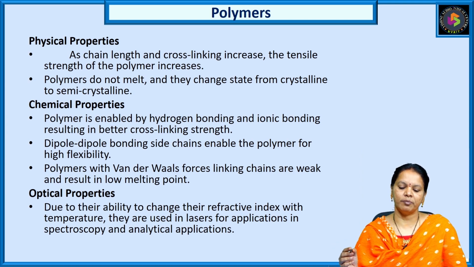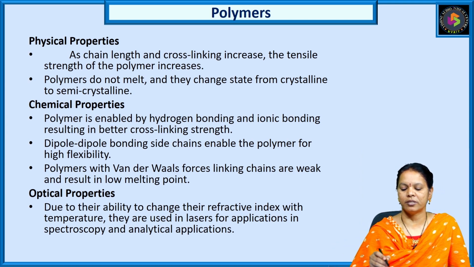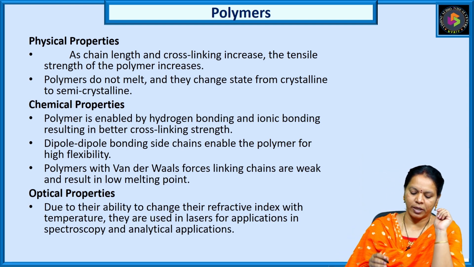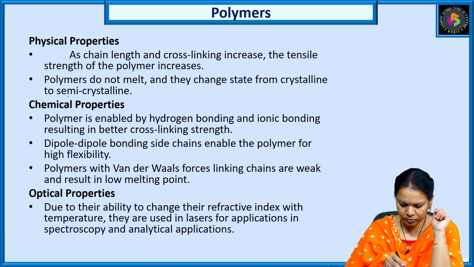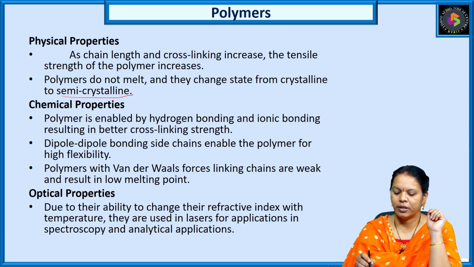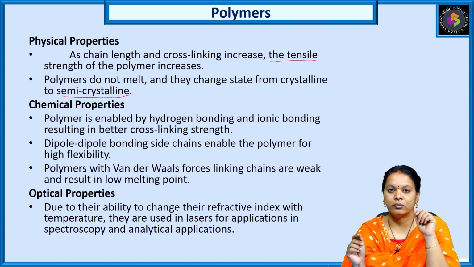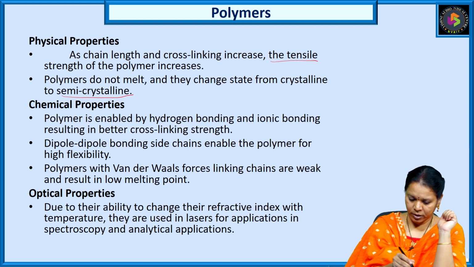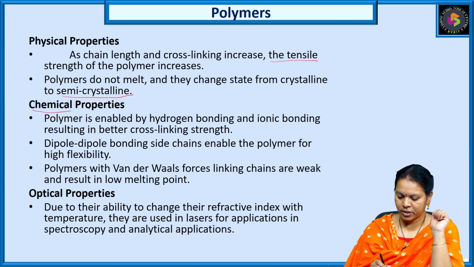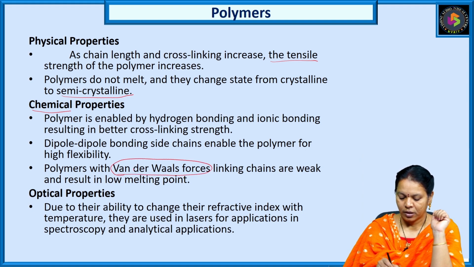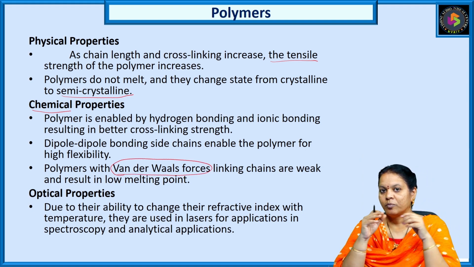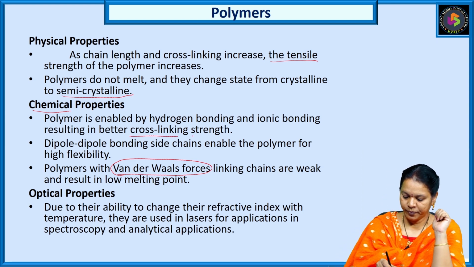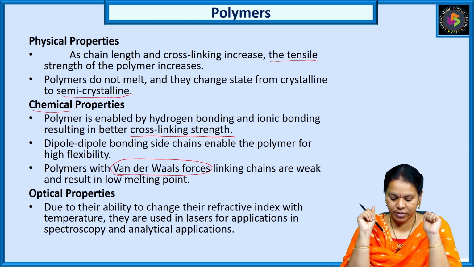In polymers we are majorly interested in the physical properties, like how you are polymerizing it, which will be defined by crystallinity and the ability to resist tensile forces, compressive forces and so on. Coming to the chemical properties, the life of a polymer depends majorly upon the bonding strength, which is the chemical bonding based upon the cross-linking strength.